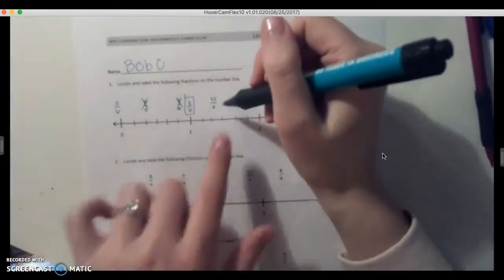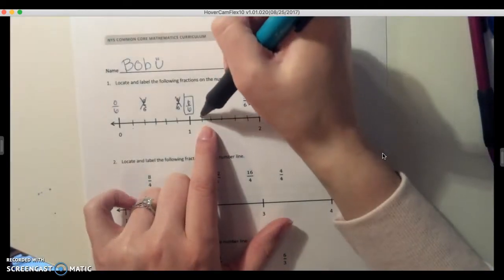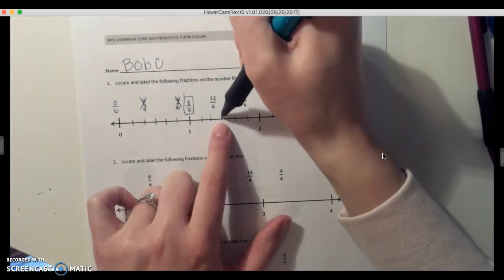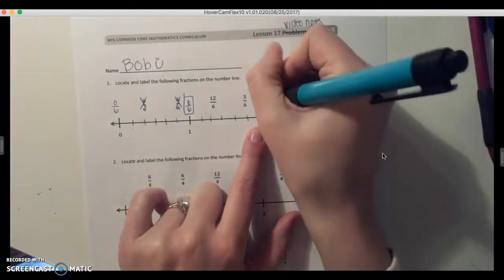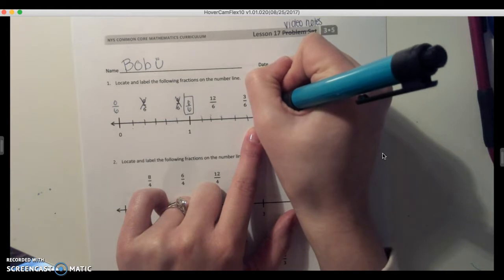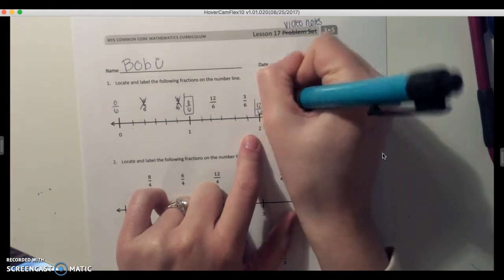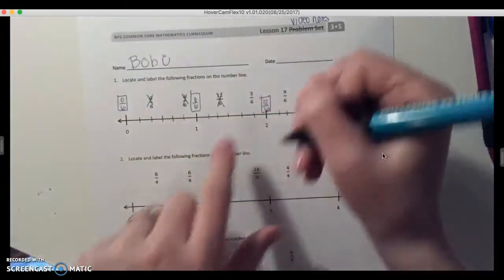Now they want us to do 12/6. So we are at 7/6, 8/6, 9/6, 10/6, 11/6, and 12/6 is right here. Okay, and now 3/6. We're going back over here to the 0.